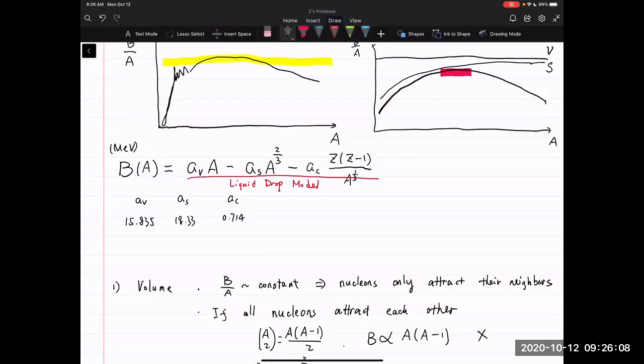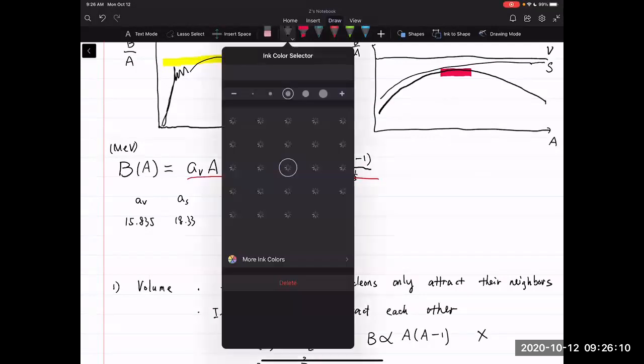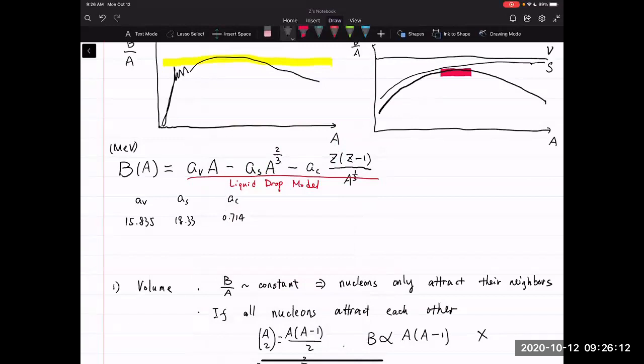This semi-empirical formula with three terms still cannot account for all the observations we see in experiments, so we need to include more corrections. These corrections come from experimental facts, two important ones.